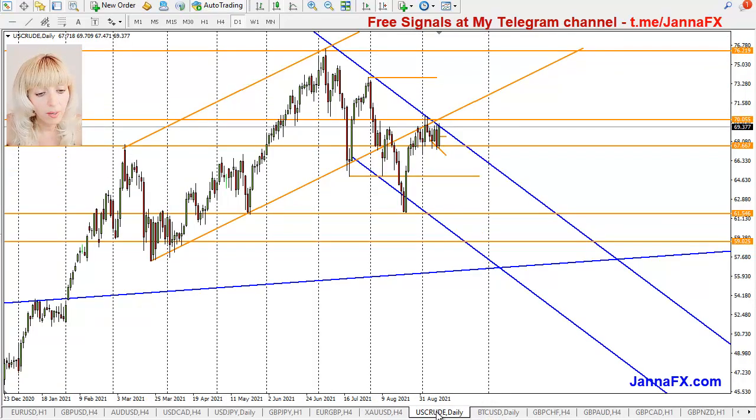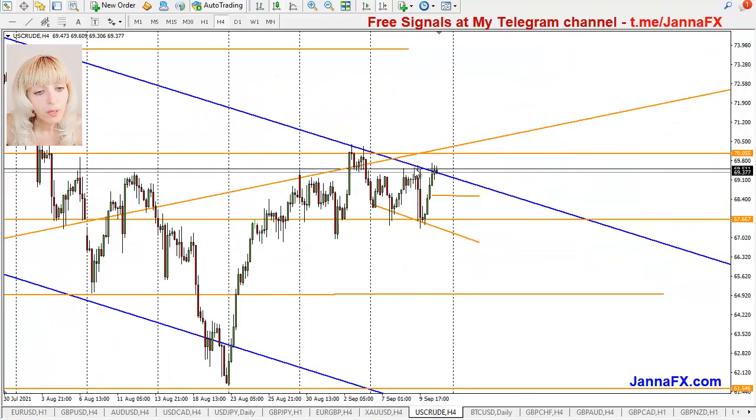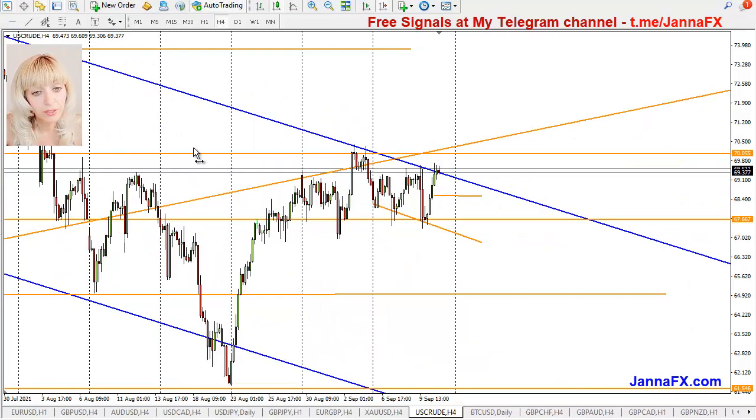Okay. Oil, the same messy week for oil. It's pretty much stayed flat, but underneath, still inside the downtrend channel, and underneath wherever 70, well, roughly 70, right, we have, it's even a bit lower. So from here it went down a little bit, so it started to sit like this.